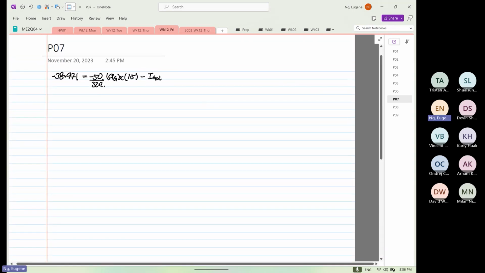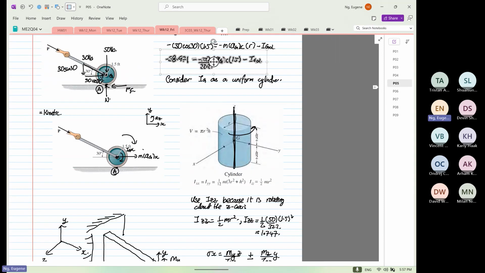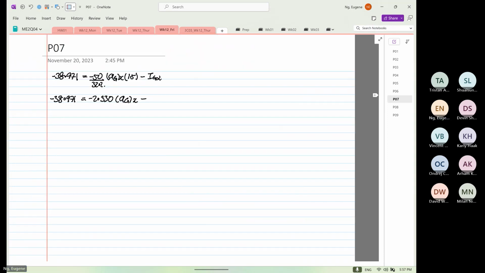Right, so you have minus 38.971. This will be equal to 50 divided by 32.2 times 1.5 minus 2.330 AG, alpha, or AG X, and we calculate our IG, which is equal to 1.747 slug feet squared, times alpha.